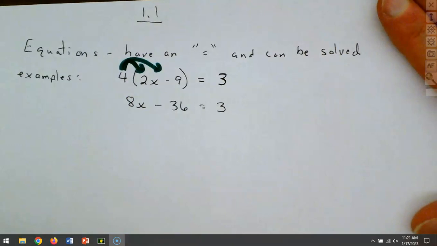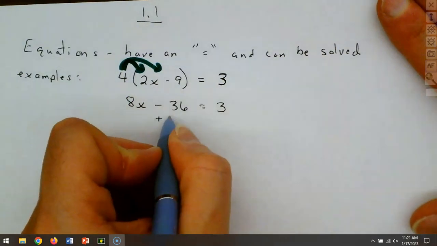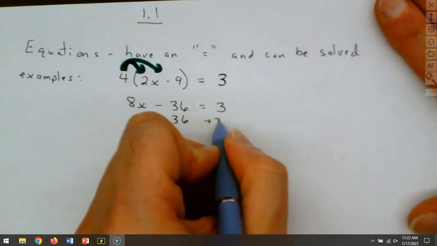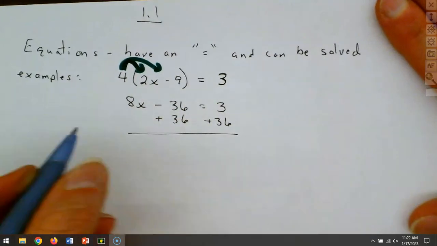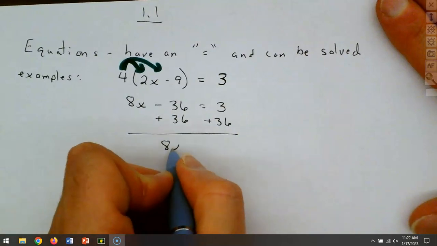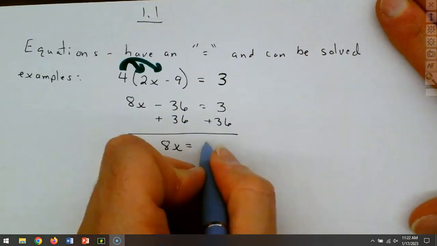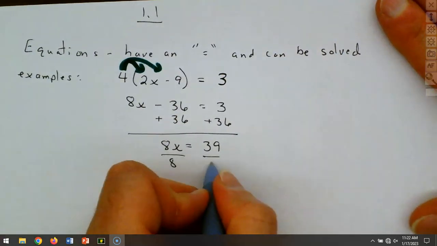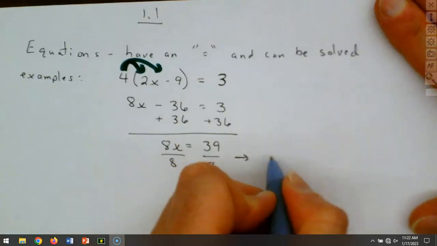We need to solve it. So what do we do? We get the 8x by itself. So we're going to add that 36 to both sides. Doing that gives you 8x equals 39. And we divide by 8, and we have now solved it.